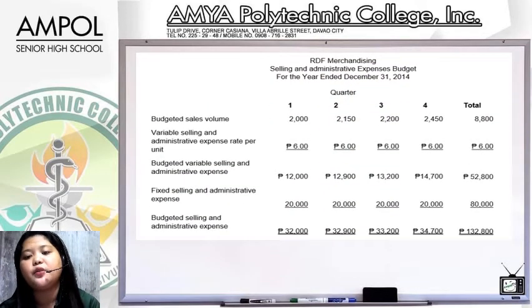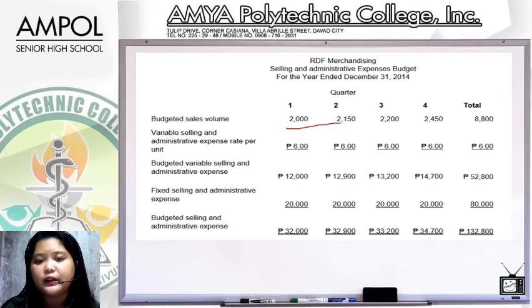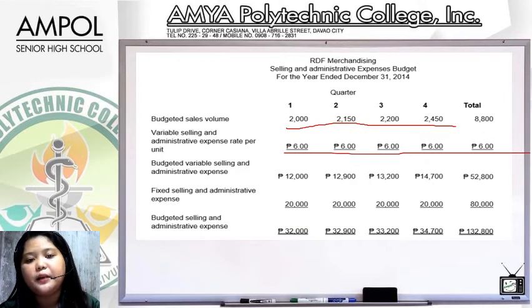So, we have here the problem. This one. The budgeted sales volume is the same as the given earlier. And then the variable selling and administrative expense rate per unit is 6 pesos. And then the budgeted variable selling and administrative expenses are 12,000, 12,900, and so on.